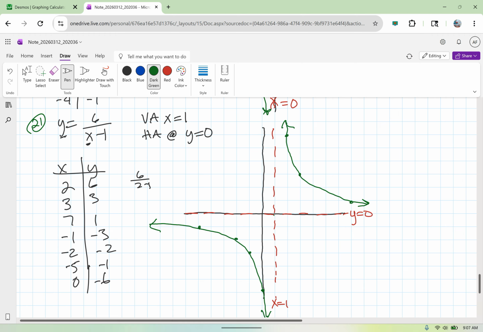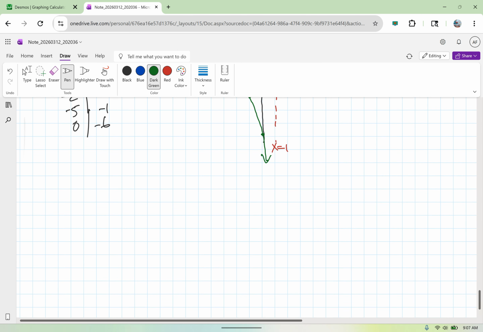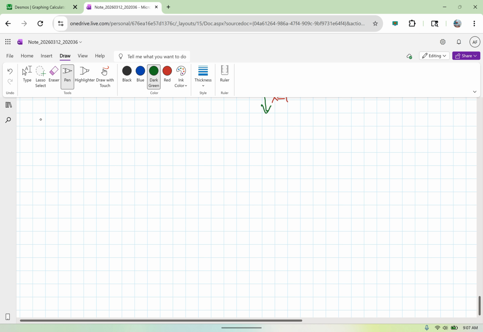Beautiful. All right, last one we're going to fully graph is 23. Getting some more transformations going.